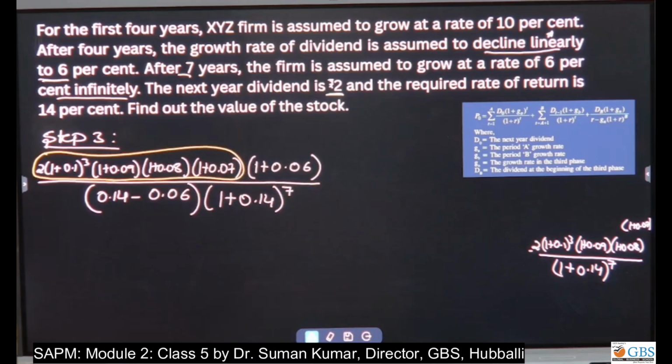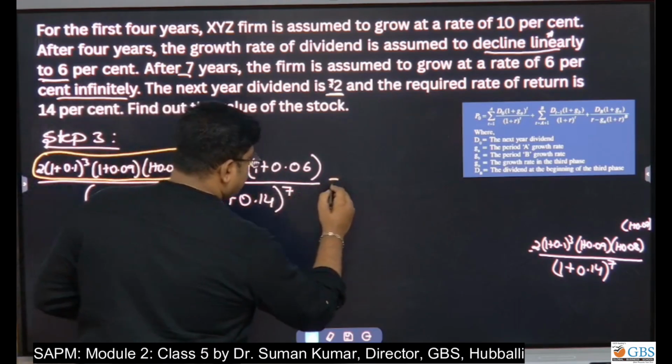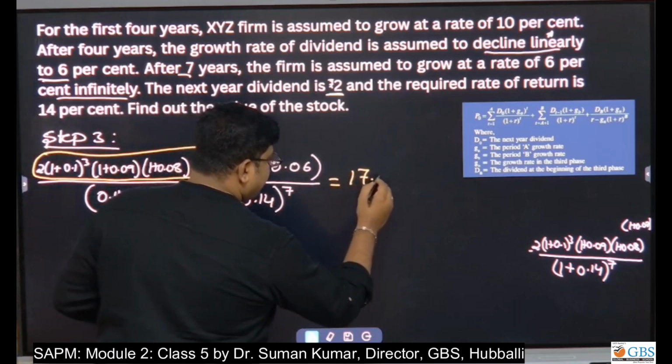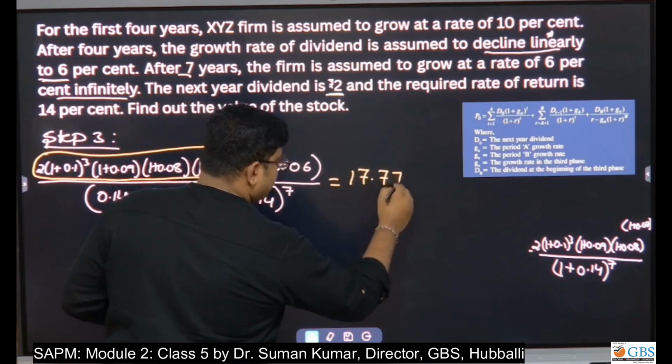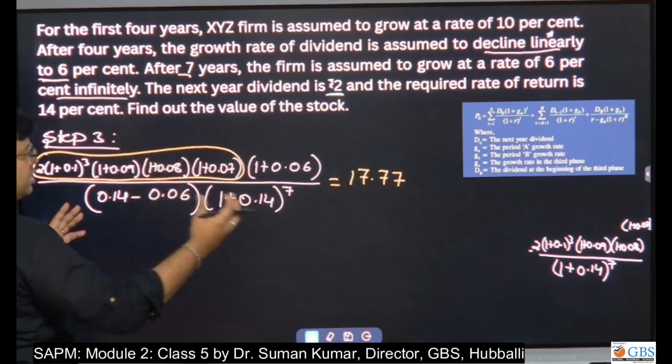Now add all the three answers of steps 1, 2, 3. Is it 17.77? The overall answer for step 3 is 17.77.